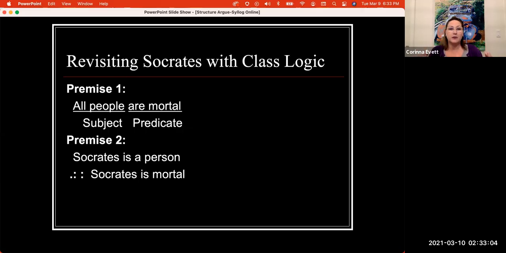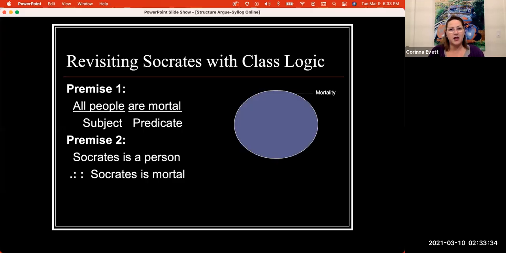So this is a great way to check the validity of our reasoning, especially when we're employing deductive reasoning. If we can do a Euler diagram that shows inclusion from the first category classification to the second to the third to however many classifications, that will help us to gauge visually whether or not we are employing valid reasoning and succumbing to the rules of logic. So mortality, that's the outer circle, right? All people are mortal.